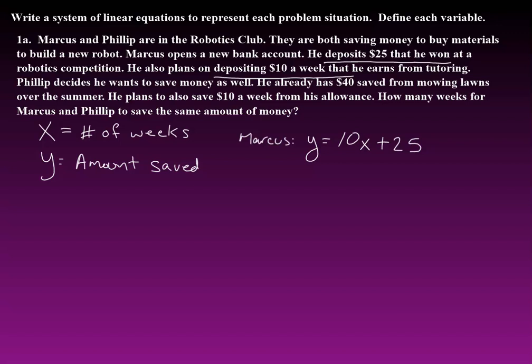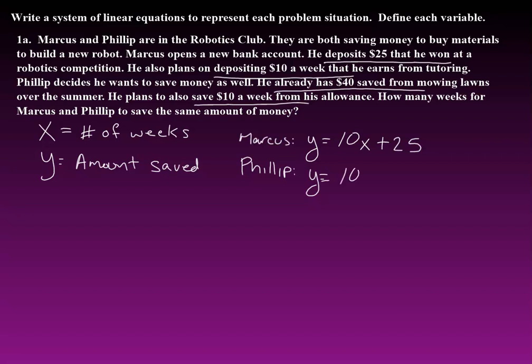Now let's look at Philip. Philip already has $40 and he's going to save $10 a week. So they both have y equals, because y again is the amount of money saved.